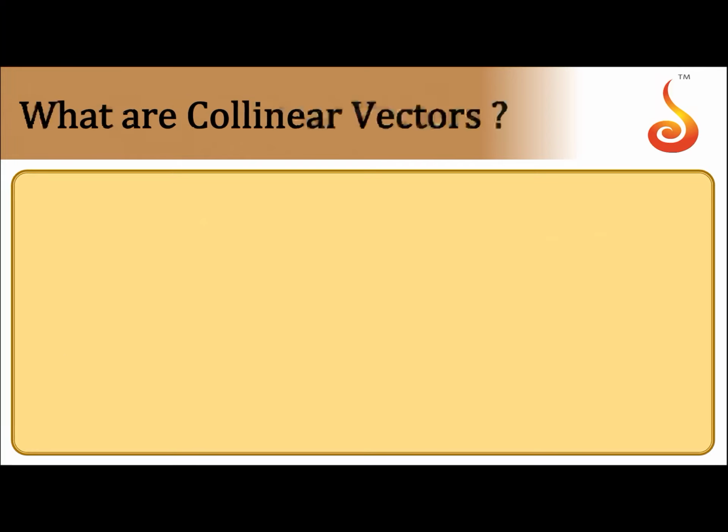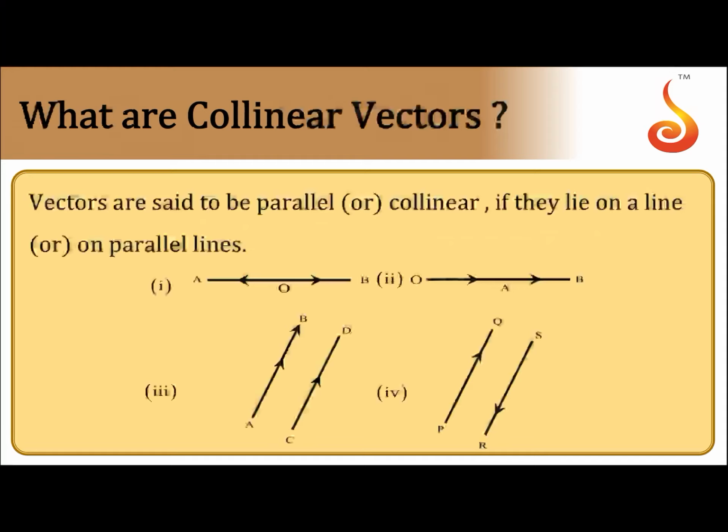Hope it's clear. Next concept is about collinear vectors. What are collinear vectors? It's a very important concept. Vectors are said to be parallel or collinear. They are also called parallel vectors.